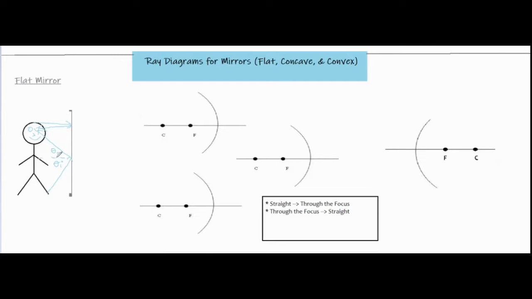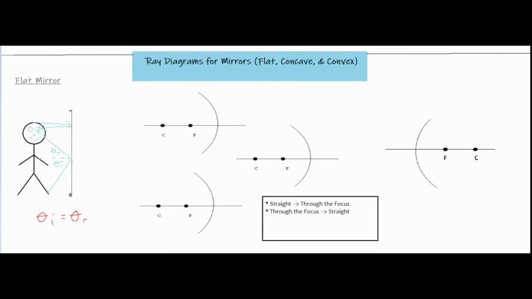And if you drew a line perpendicular to the surface, then we can see our angle of incidence, which is the angle that the light rays come in to strike the mirror. And then we have the angle of reflection, which is the angle between the light ray reflecting and the normal towards the person's eye. So the law of reflection says that in all cases, the angle of incidence equals the angle of reflection.